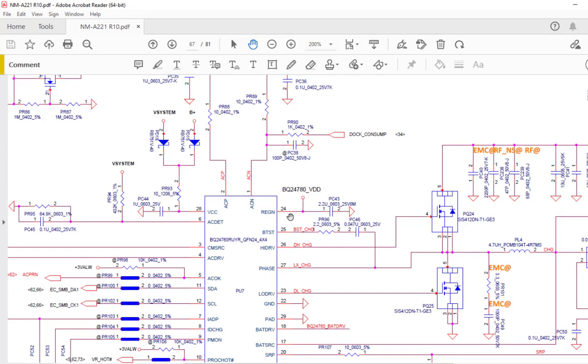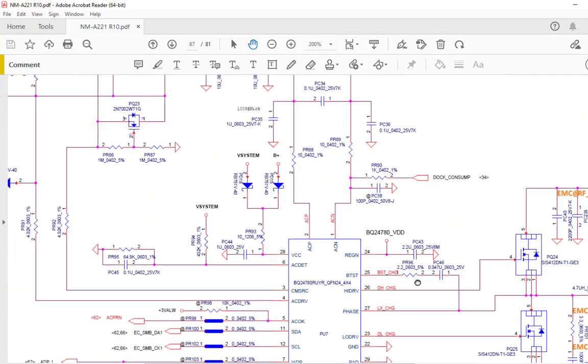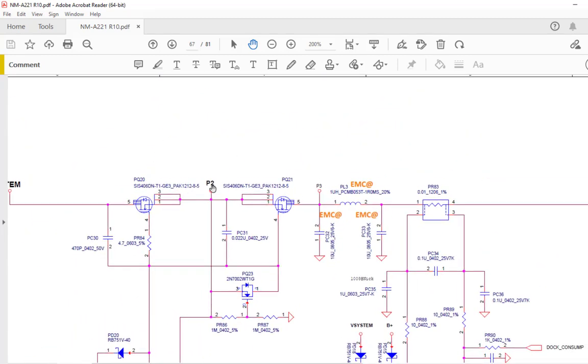Okay, but before that, if the voltage is not coming here at the positive terminal and the battery is not charging, it's saying plugged in but the percentage is not increasing, in that case you have to go to these two MOSFETs, the voltage coming from the adapter.